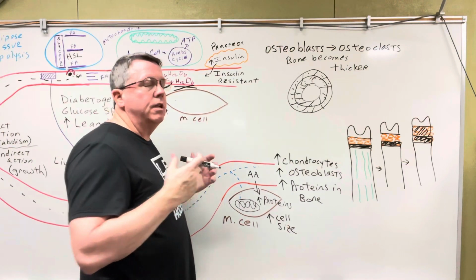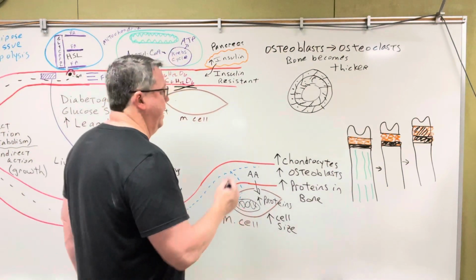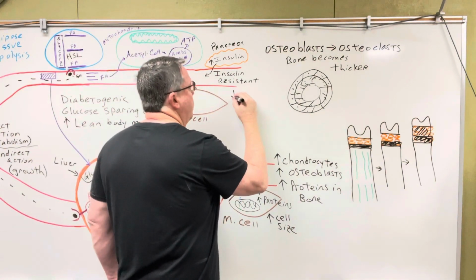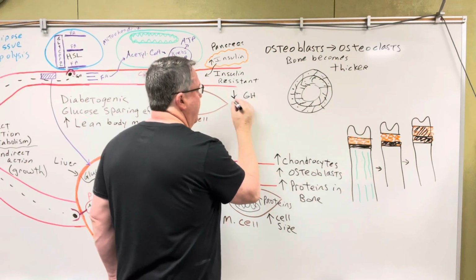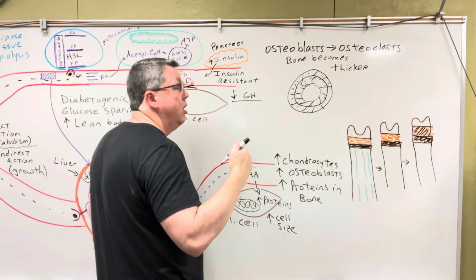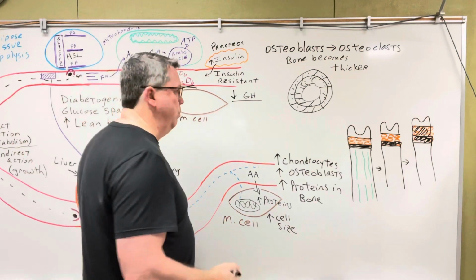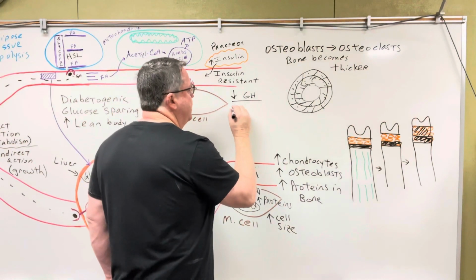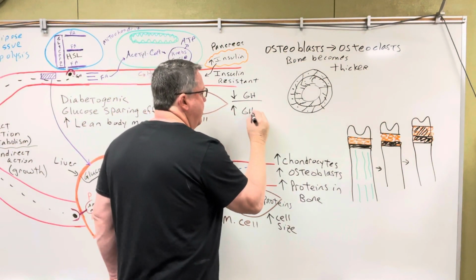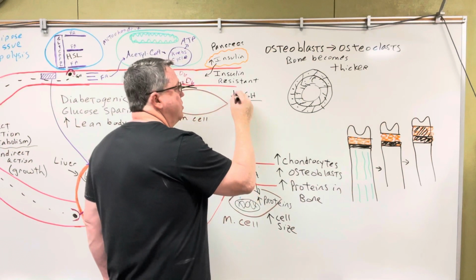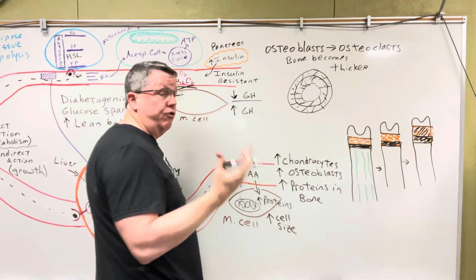So now, let's talk about what stops growth hormone, okay? So what's going to decrease the amount of growth hormone? Well, there's going to be two different factors, okay? One's going to be a negative feedback loop. So if we get an increase of growth factor in the blood, that's actually going to stop growth hormone from being secreted.